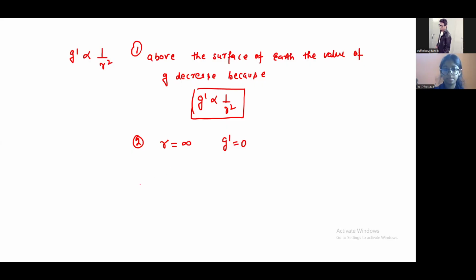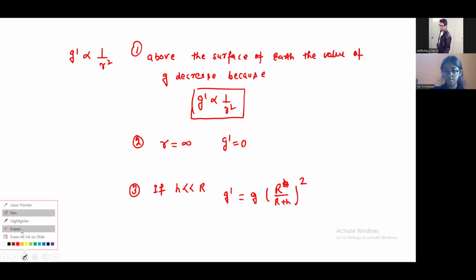The third important point is, if the h value is very less than the R value. Okay, if h is very much less than R, then we can say g dash is equal to g R square by (R plus h) square, both are squared.